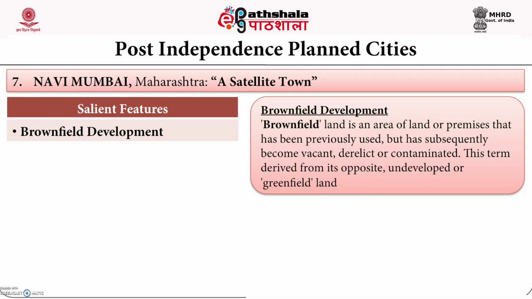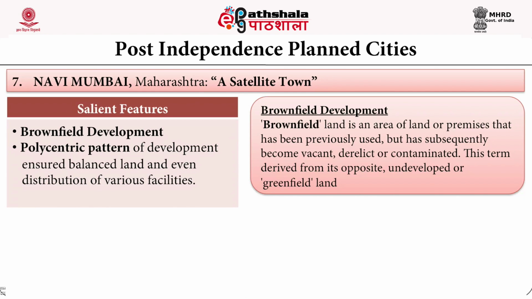The concept of Navi Mumbai was that, as we all know, Mumbai was congested, and there was a demand for more land, more housing, and a certain level of services. Therefore Navi Mumbai was planned as a satellite town, with a polycentric pattern of development. It ensured balanced land use and even distribution of various facilities.